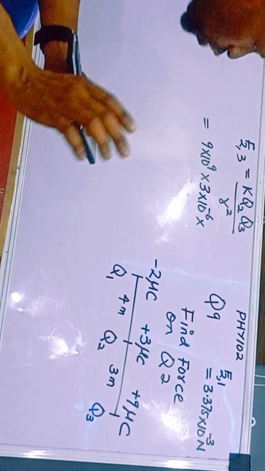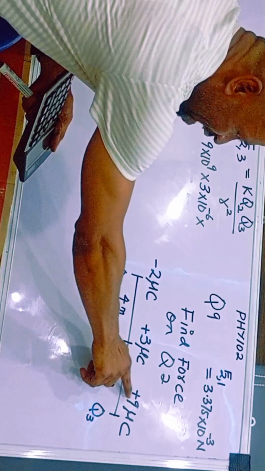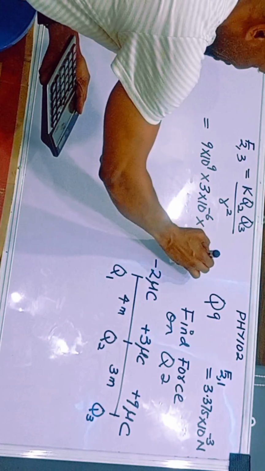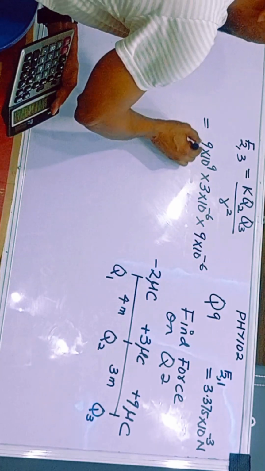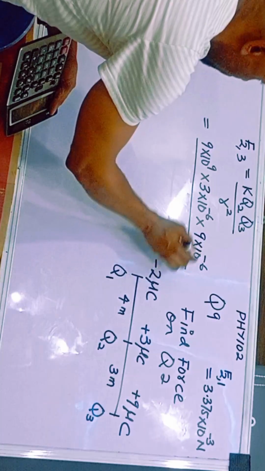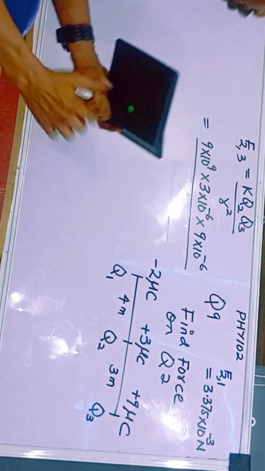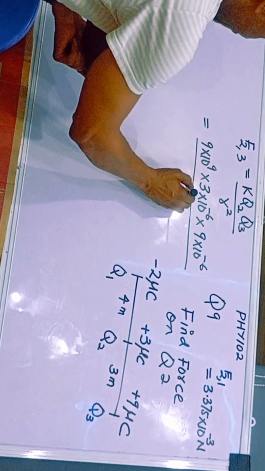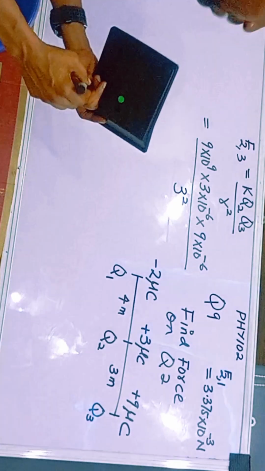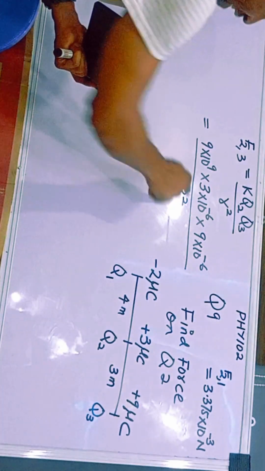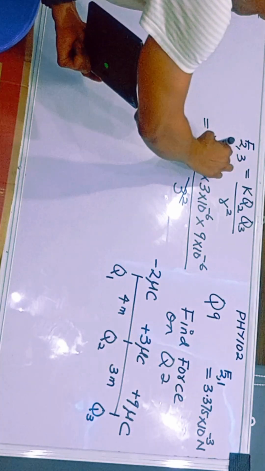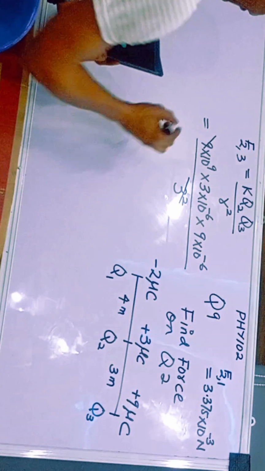Class, watch. See Q3, that is 9 microcoulombs. So I will say 9 times 10 raised to power minus 6 all over. The distance between Q2 and Q3 is given here as 3. So I'm going to write 3 square. Do you know that 3 square is 9? So 3 square, which is 9, we'll cancel this 9 here. What do I have left?